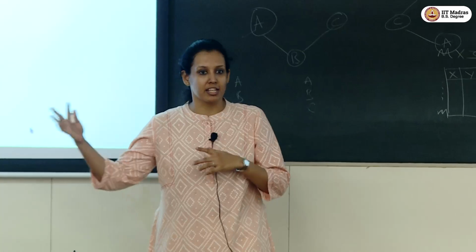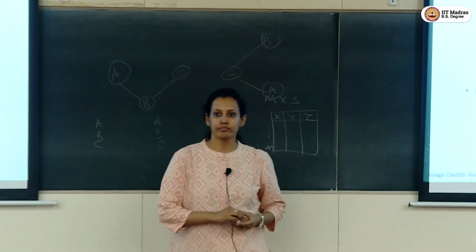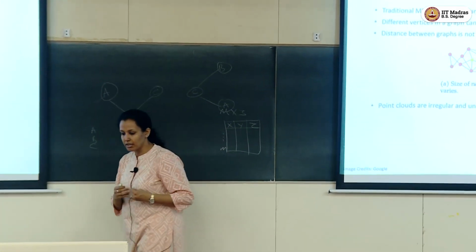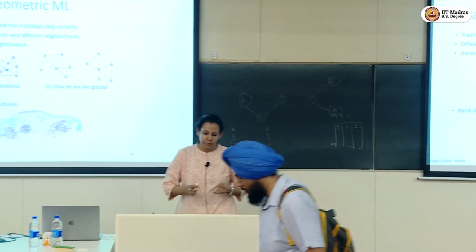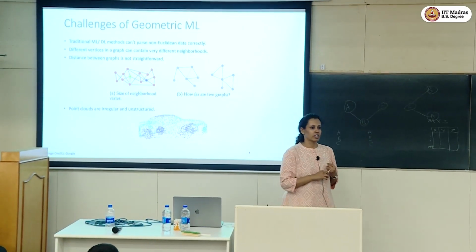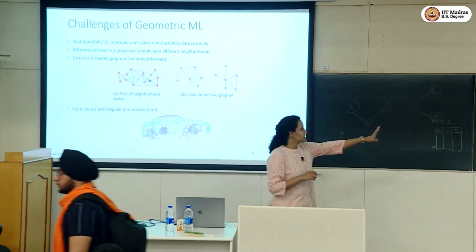It should not be the case that if you change the order then the result is different. Otherwise, this is not a great idea, right? Again, I'm repeating that for point clouds and for graphs, it's the same thing. They're irregular, unstructured, and unordered. Okay?